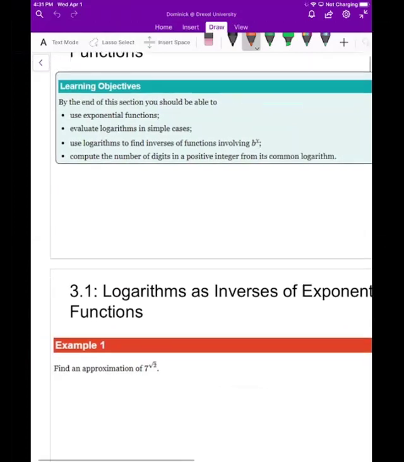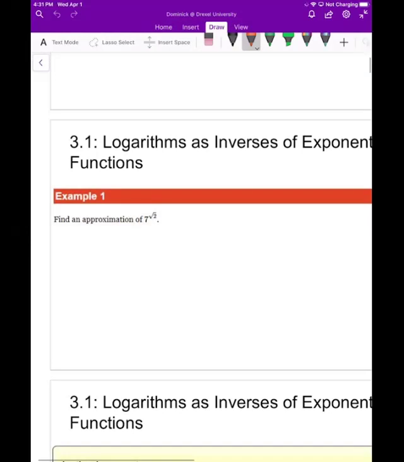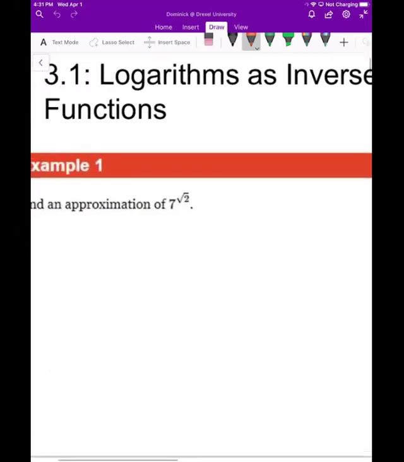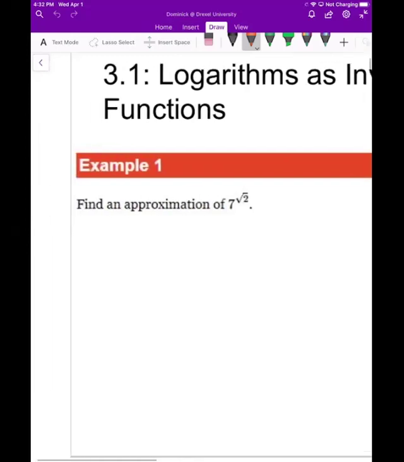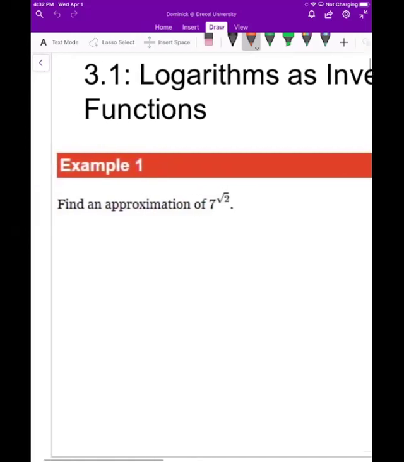Before we can talk about any of this, I want to explain what happens if you have a number raised to an irrational number. We've talked about an exponent being a positive or negative whole number, and we've talked about fractional exponents as well. But what we haven't talked about is what happens if you have an irrational exponent.